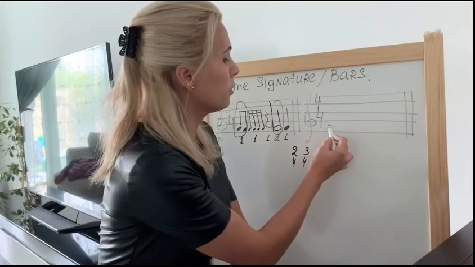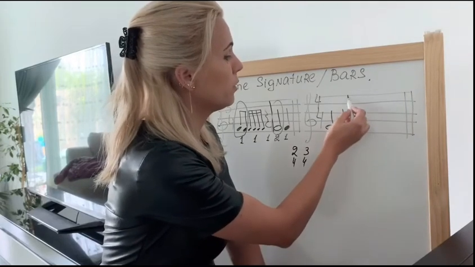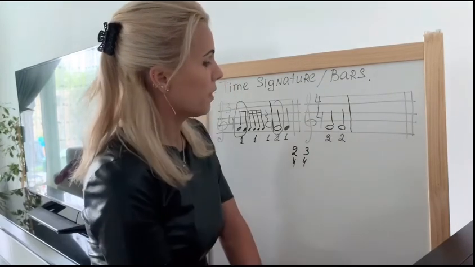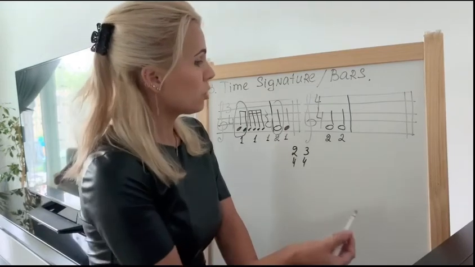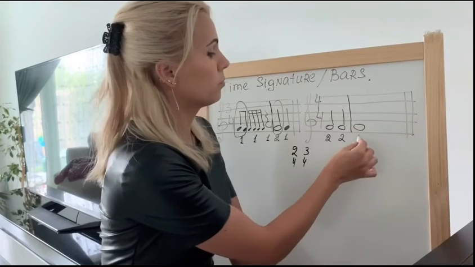So for example, if I write here half note and half note, 2 of them will give me 4 beats. Yeah, so 2 beats and 2 beats. This is your bar in time signature 4/4. In time signature 4/4, you can have a bar of just a whole note.